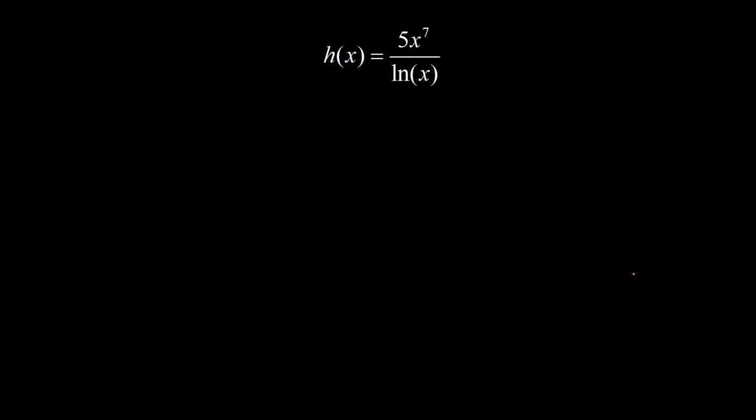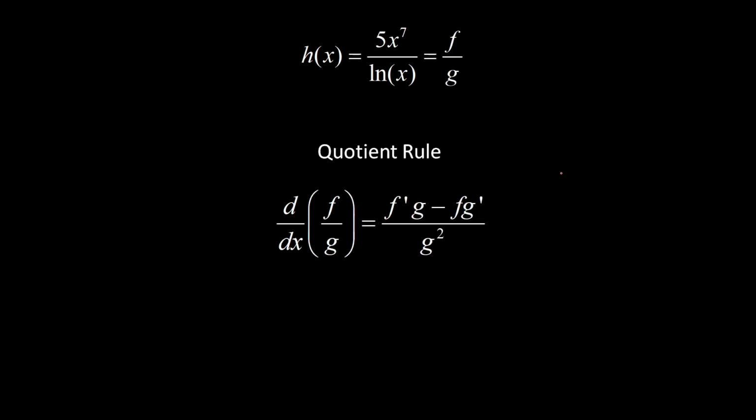So what happens then if we have functions being divided? If you look at this, we now have a power function being divided by a log function. And how we handle division is with the quotient rule.